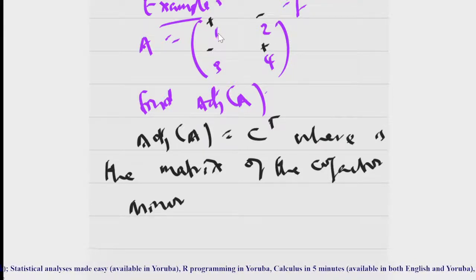And I told you, if you don't want to memorize it, just look at the position of the element. At row 1, column 1, just add 1 plus 1 together. If you have even, then you have positive as the sign of the cofactor. But if it is odd, that's minus. That's why here, which is row 2, column 1, 2 plus 1 is 3, which is odd, so we have a negative sign as the sign of the cofactor.